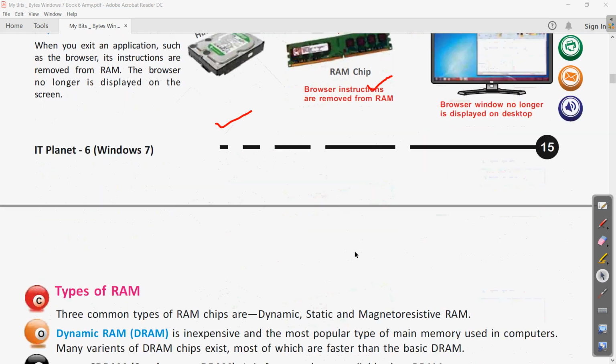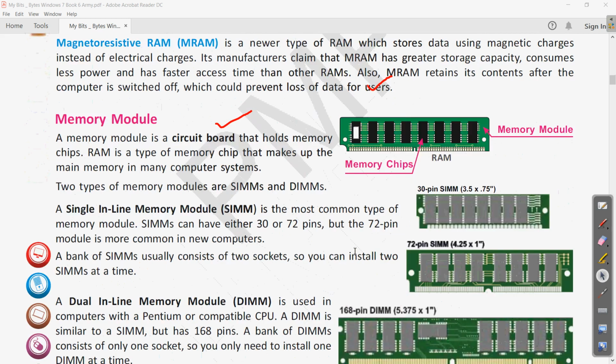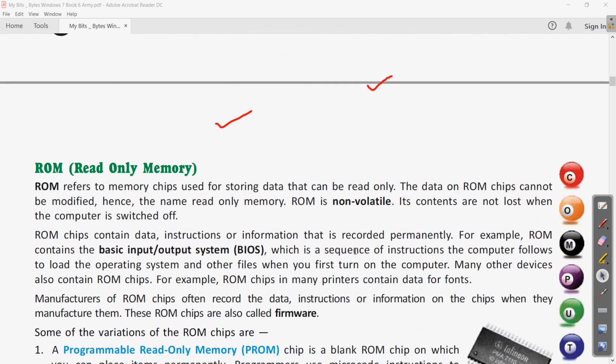Here you can see about the ROM. ROM is non-volatile in nature. Why non-volatile? Because the contents are not lost when the computer is switched off. So this is the definition of the ROM as well, that it is the non-volatile memory.